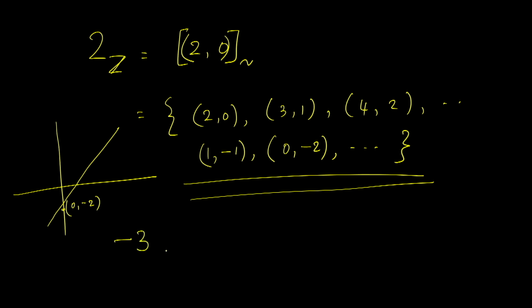Then what would integer minus 3 be? That would be the set of all pairs which are equivalent to (0, 3) under this equivalence relation. That would be all the integral grid points that fall on the line with slope 1 that passes through (0, 3), which will define this equivalence class.